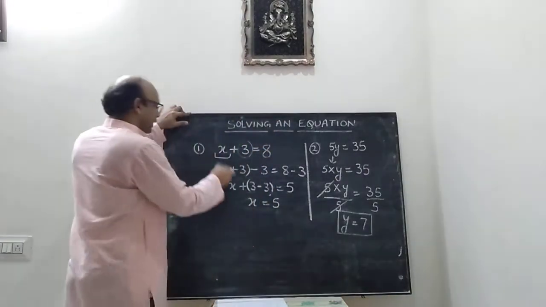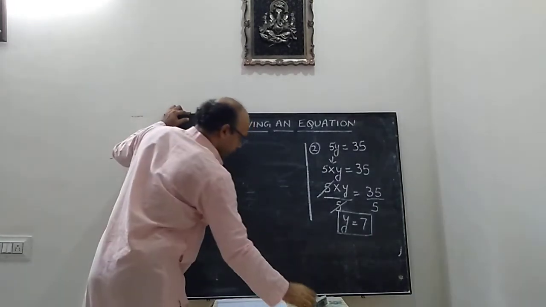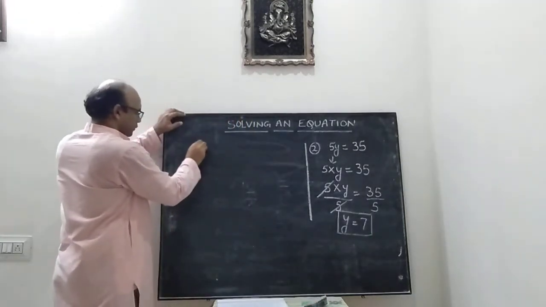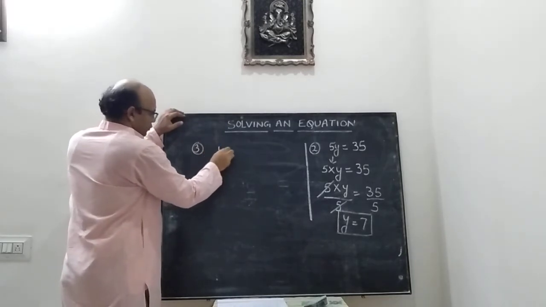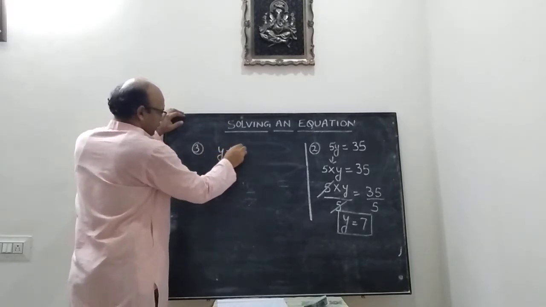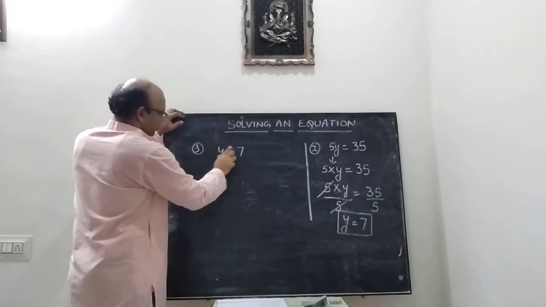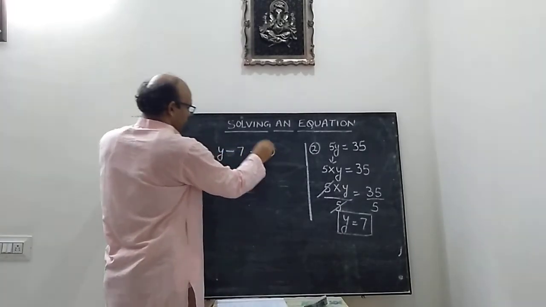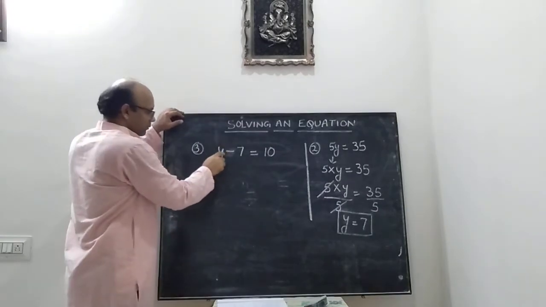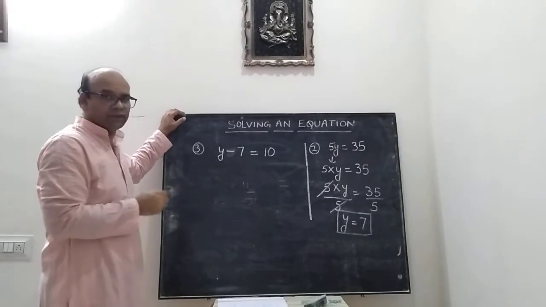Now we take another example. Take this case, y minus 7 is equal to 10. Now, something is subtracted from y. How to cancel the effect of 7?